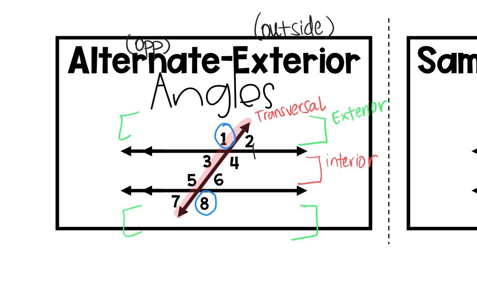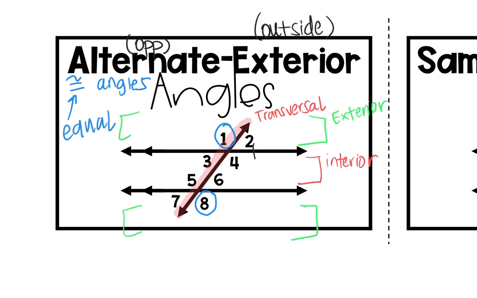Okay, so just some reminders of what alternate exterior angles are, right? Something important that I'm going to mention, because we'll be using it inside of the flap, is that alternate exterior angles are congruent. So right here on the bottom, I'm going to write they're congruent angles. Okay? Congruent meaning they are equal, same measure.